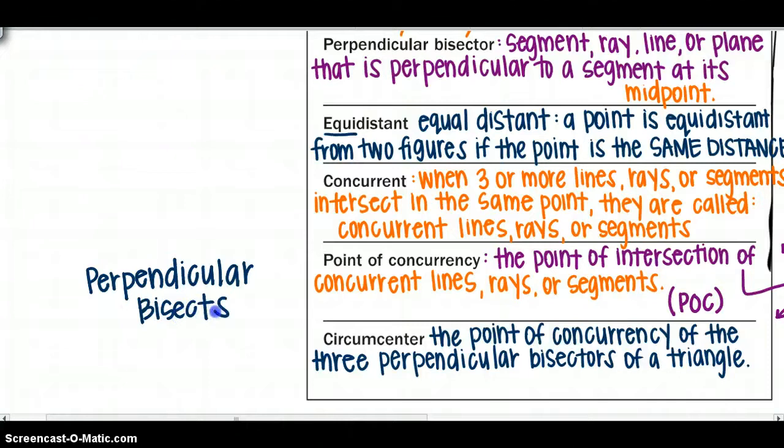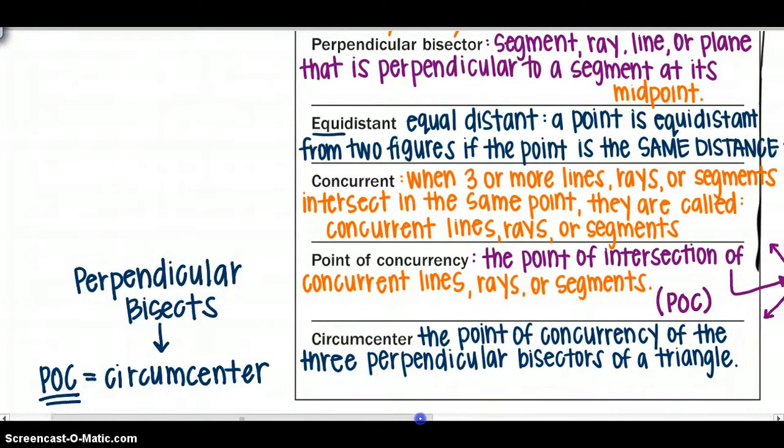So the perpendicular bisectors of a triangle have the point of concurrency called the circumcenter. And that'll be important because we'll have a few different points of concurrency that go with the next few sections.